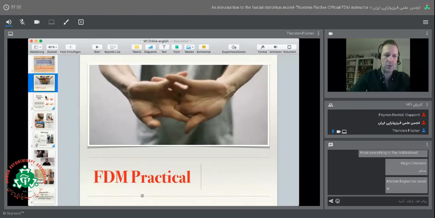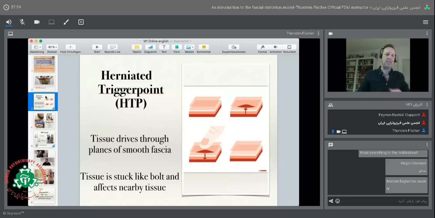I wanted to show you the HTP technique for the neck and for the hip, if that is okay. For the neck, the body language is that the patient pushes with several fingers into his neck like this. Can everybody see the presentation and the camera?